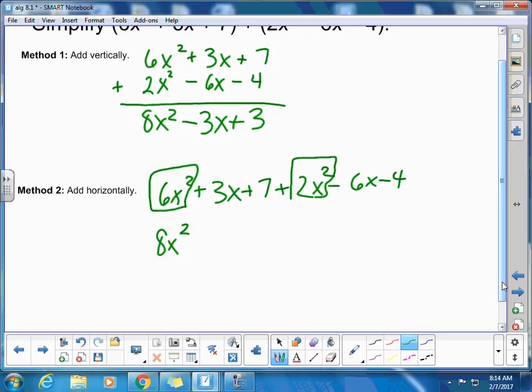And then I would pick a different shape. So I'm going to circle my x's: 3x, positive 3x, negative 6x, so minus 3x, and underline my constants. So positive 7, negative 4 would be plus 3. So if you are adding horizontally, do something to show which terms you've used and which ones are alike.